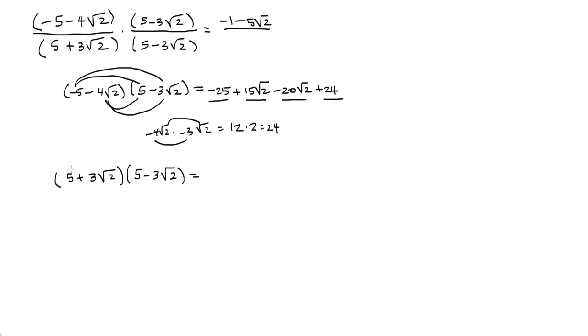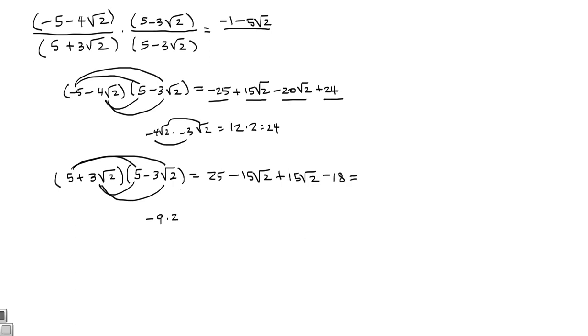Let's FOIL it. 5 times 5 is 25 outside. 5 times negative 3√2 is negative 15√2. Inside, 3√2 times 5 is plus 15√2. And then my last, 3√2 times negative 3√2. 3 times negative 3 is negative 9. √2 times √2 is 2. So this is going to be minus 18.